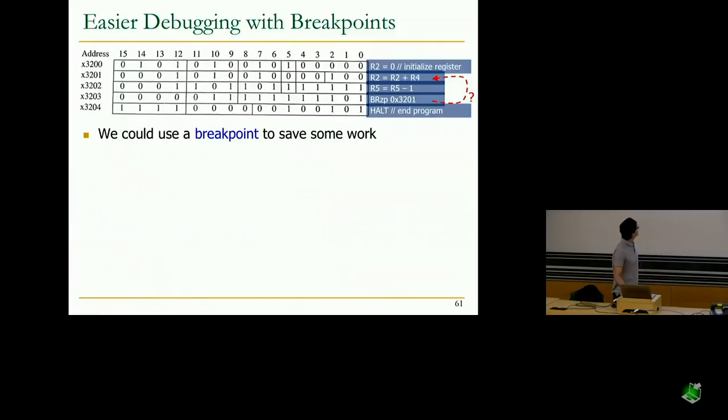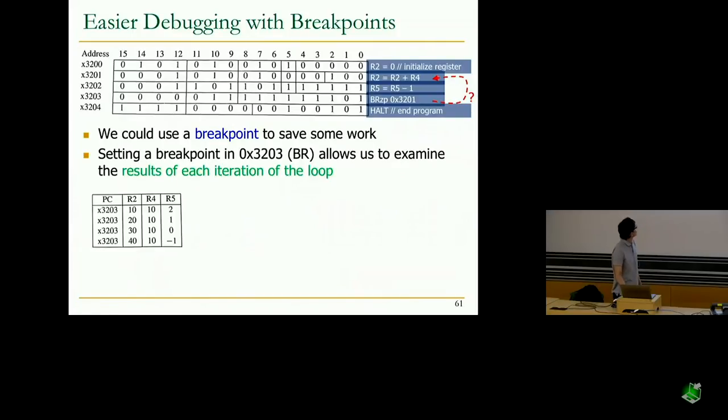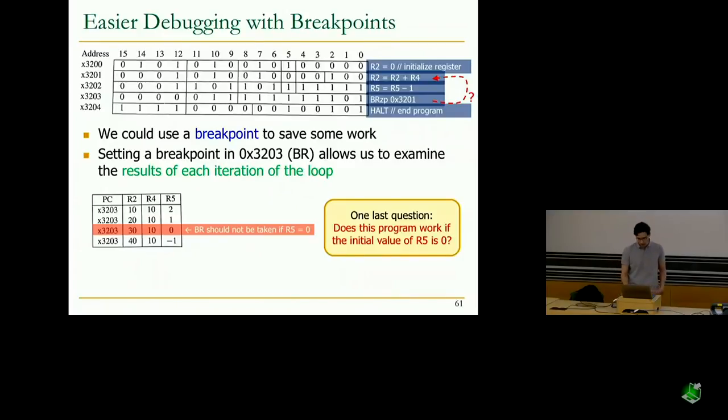This can more easily be done if we use breakpoints. We don't need to go step by step executing the instructions and checking the contents of the registers. In this particular example, we could have just had a breakpoint at the branch instruction and, at the end of each iteration, checked the contents of the registers.